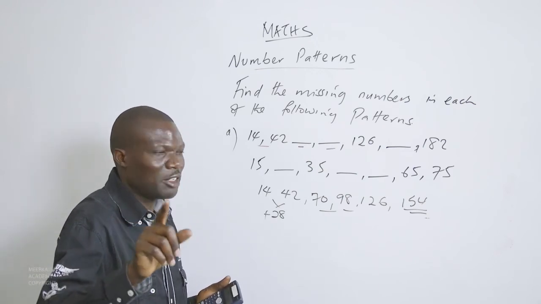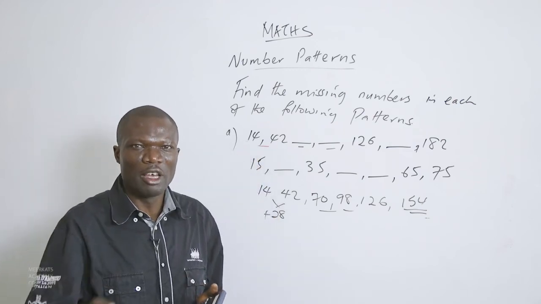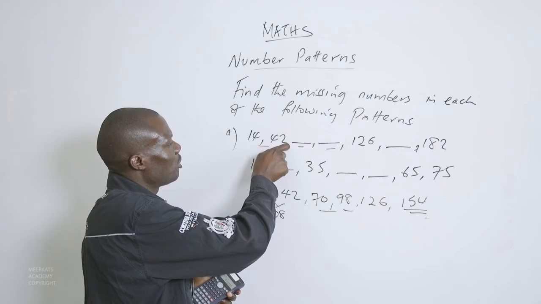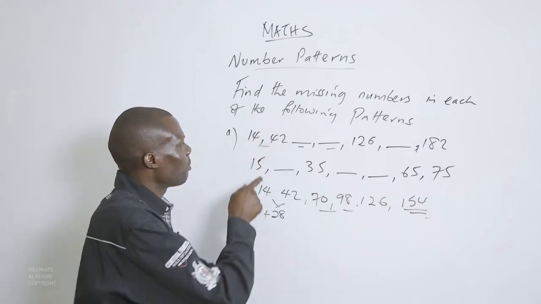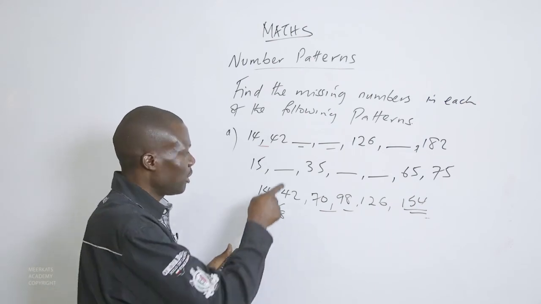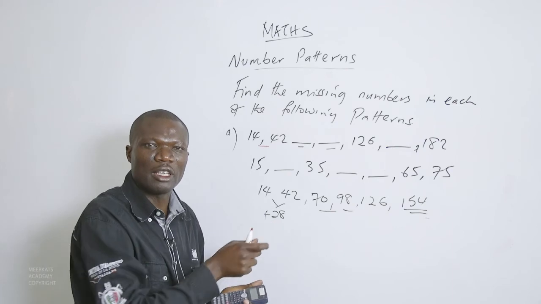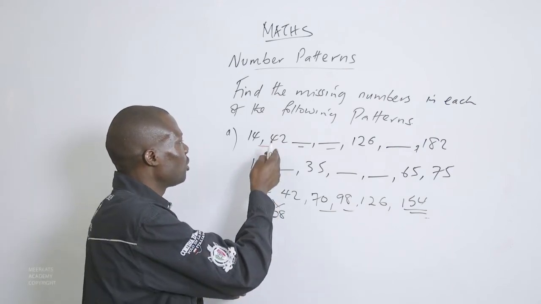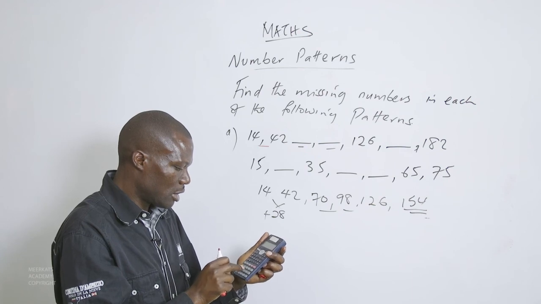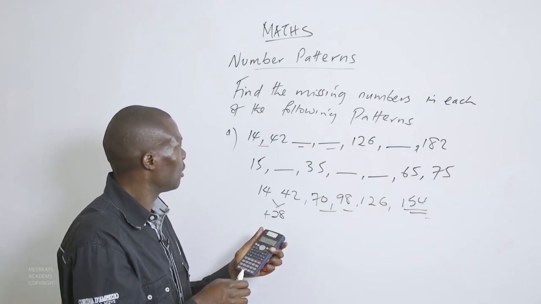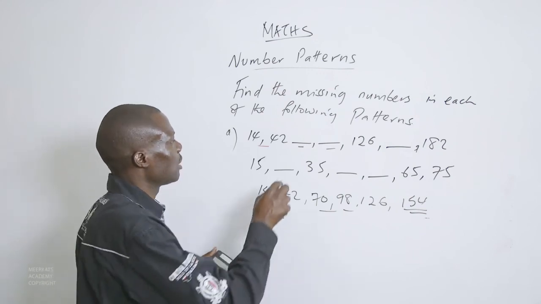It would have been very tricky because 42 and 14 also have a relationship. If you had taken 42 divided by 14, that would be 3. So that we multiply each number by 3, let us try that and see whether it would have worked. Because someone would have seen that and decided to multiply. 42 times 3 gives us 126.